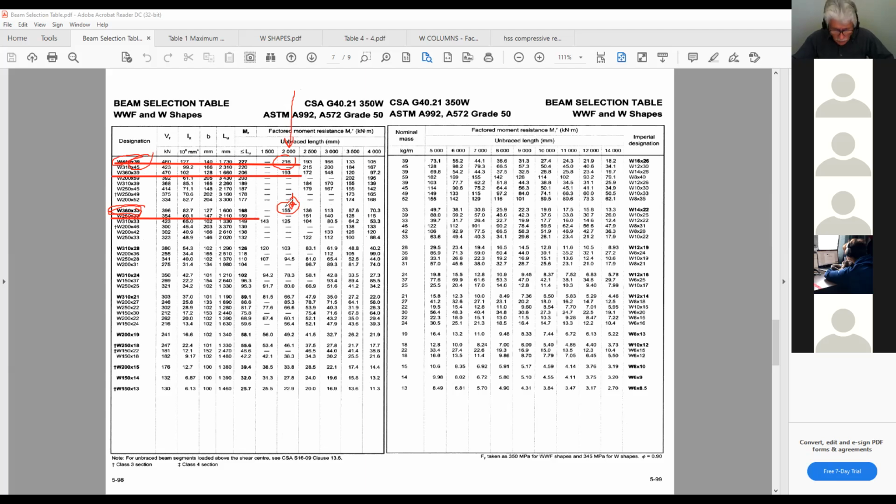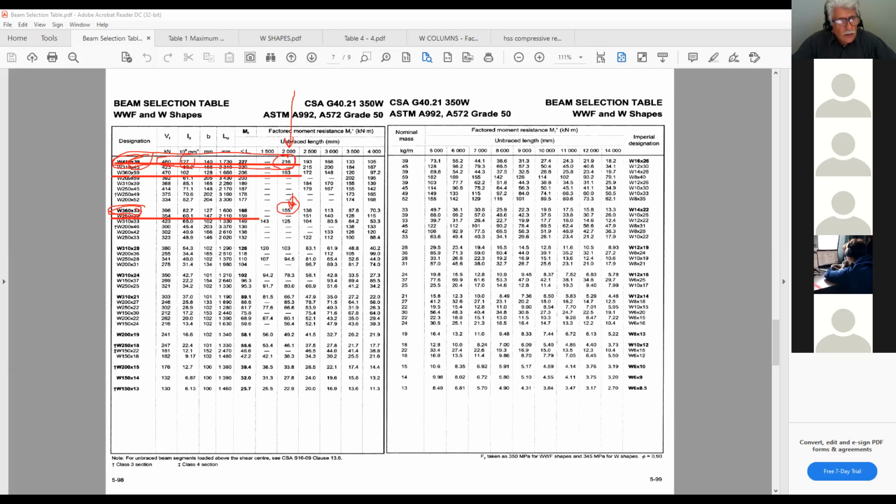Our MF value was 156. So I know that this is no good here. This is good, but for this beam, when I go up here, I have a good MR value, a good IX value, and a good VR value.